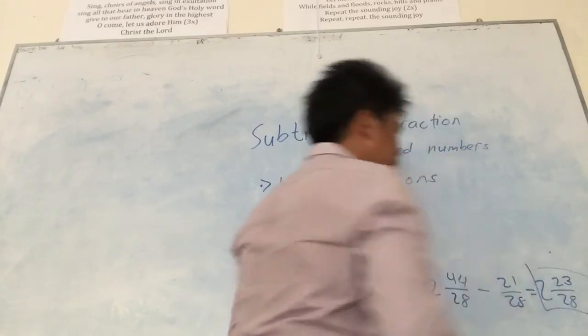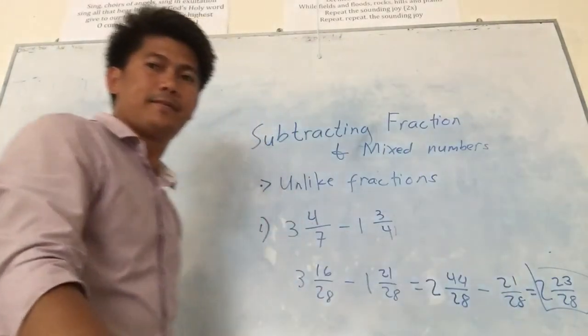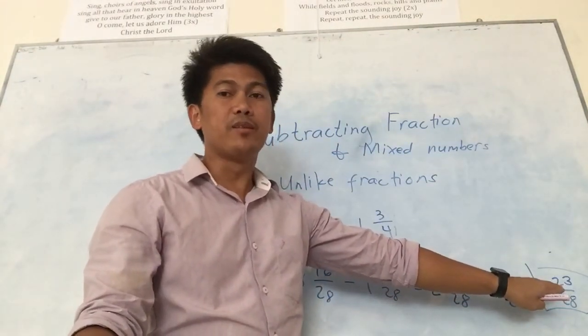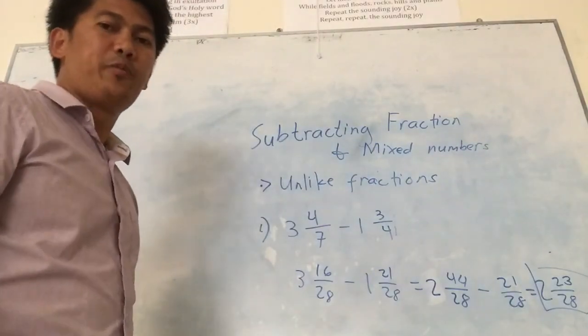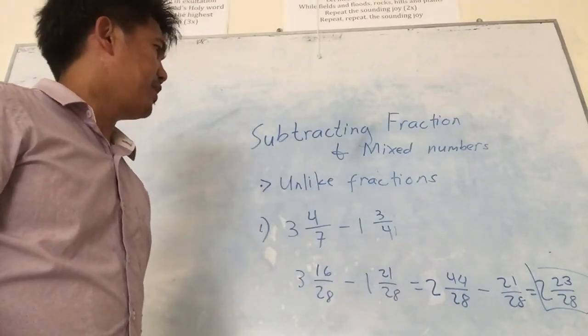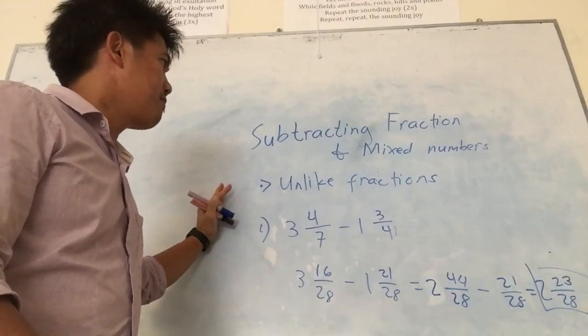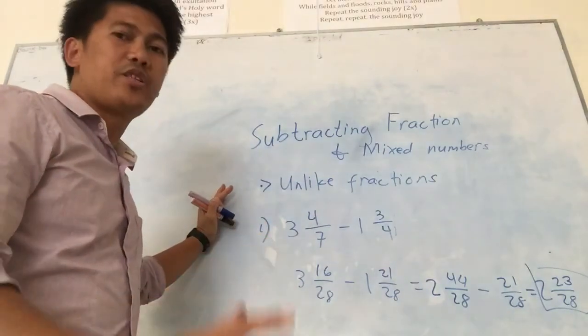So the answer is 2 23/28. Again, if the answer here is simplifiable, then simplify. Okay? I hope you understand the simple steps of subtracting unlike fractions that need borrowing.